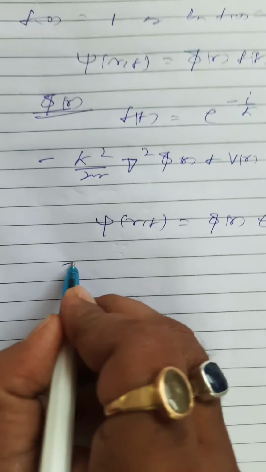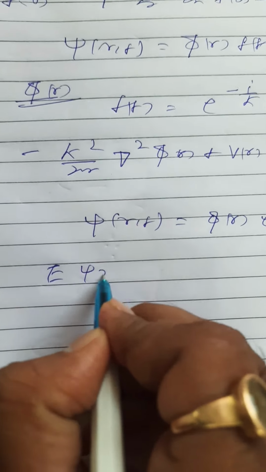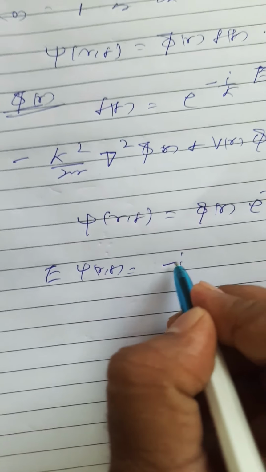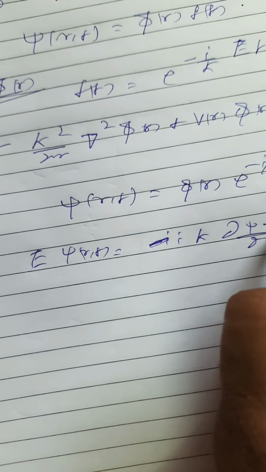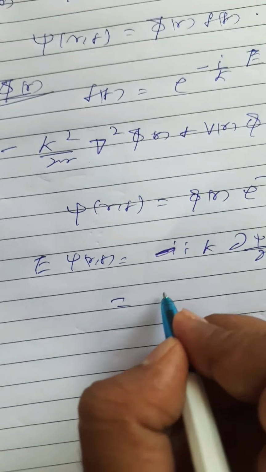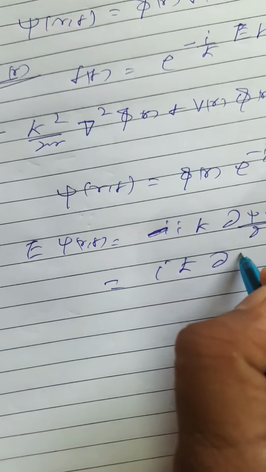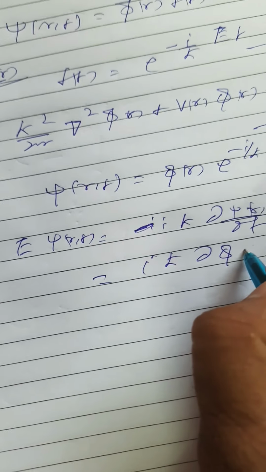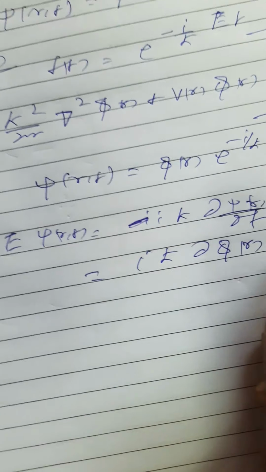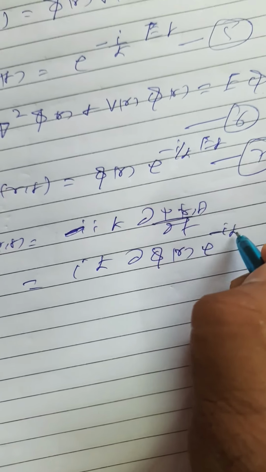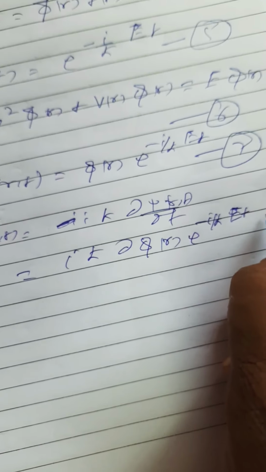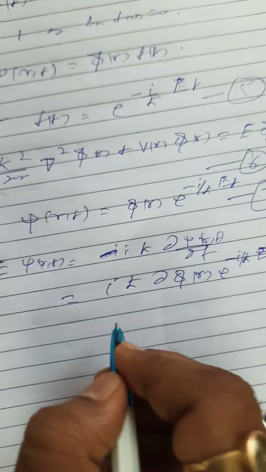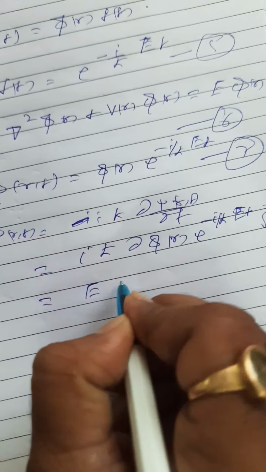You can just show it here: E ψ(r,t). Now iħ ∂ψ(r,t)/∂t, we substitute the value of ψ, iħ ∂/∂t of φ(r) e^(−(i/ħ) E t), so we'll get E ψ(r,t).